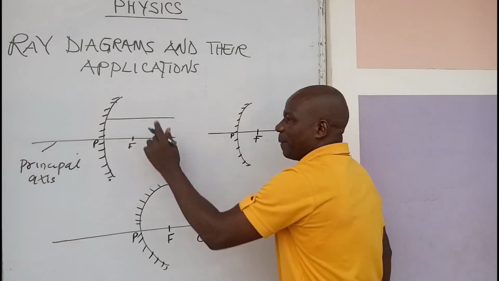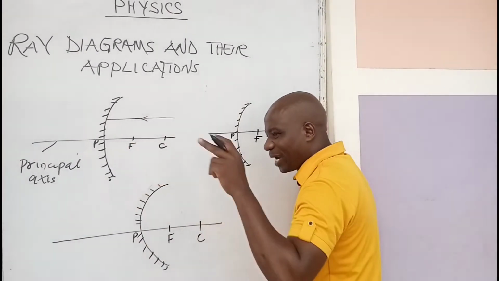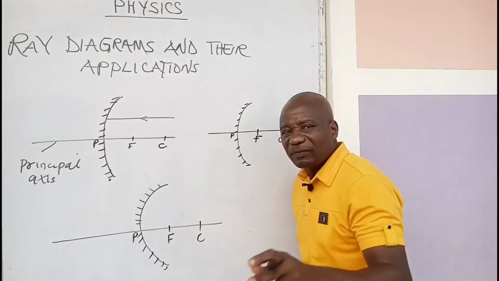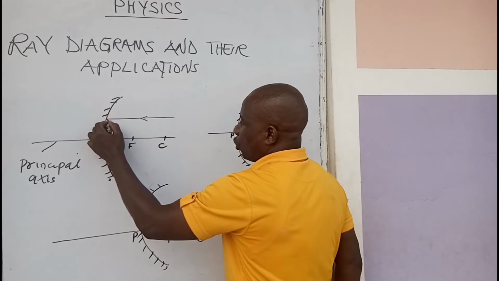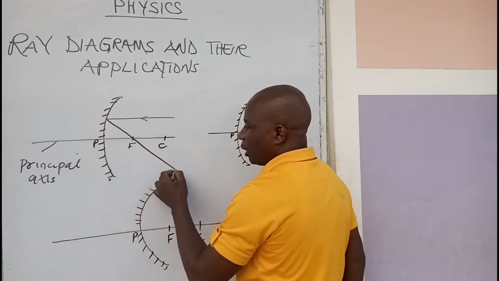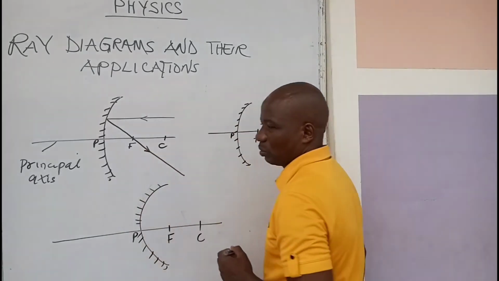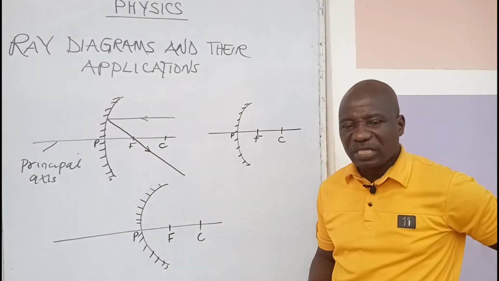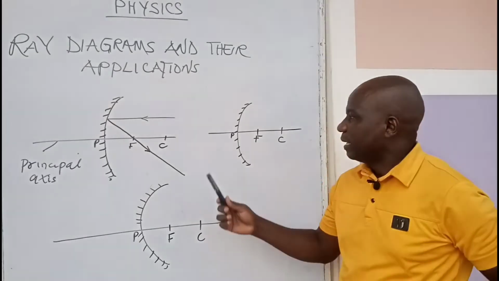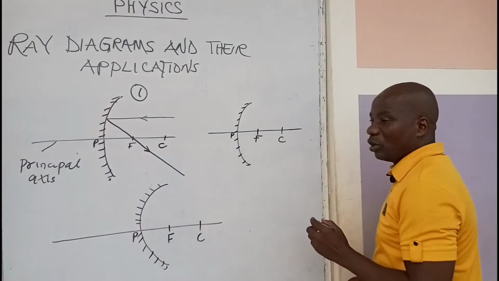Any ray that is parallel to the principal axis, after striking the mirror, is going to reflect through the principal focus. You must show the arrow because you have to show the path the light ray has taken. Now, that is number one. Let's go to number two.